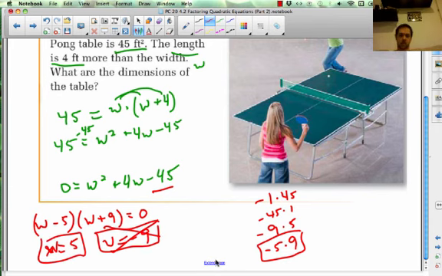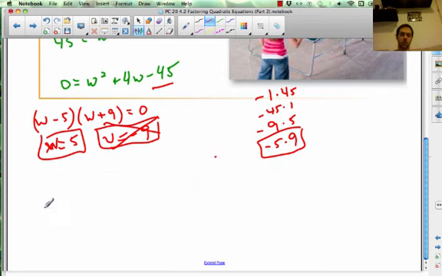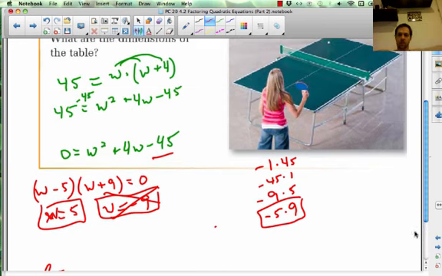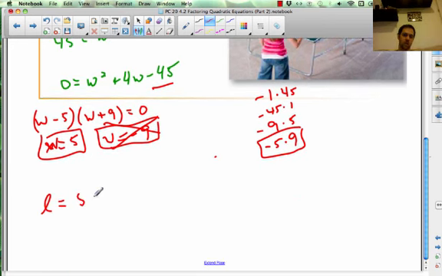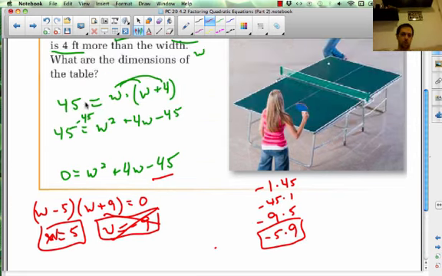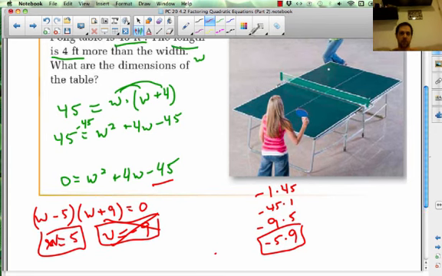The width is 5 feet, which makes the length, we were told it is 4 feet more than the width. So we would just say the length is 5 plus 4, and the length equals 9 feet. And of course you can confirm length times width, 9 times 5, would leave us with the 45 square feet that we started with. Alright, that's all for today. See you in class tomorrow.